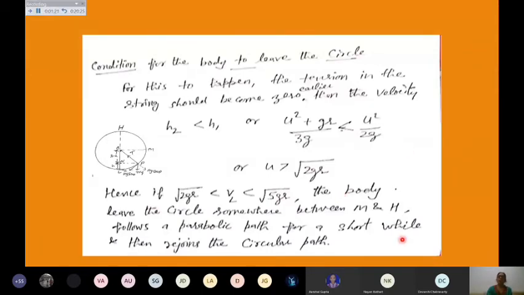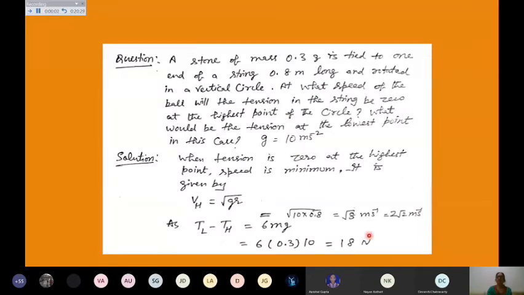As I have said, this knowledge of vertical circle is helping me to find what should be the minimum velocity if I want to complete the vertical circle. So on that basis, this question has been taken for you. I'm reading the question for you.